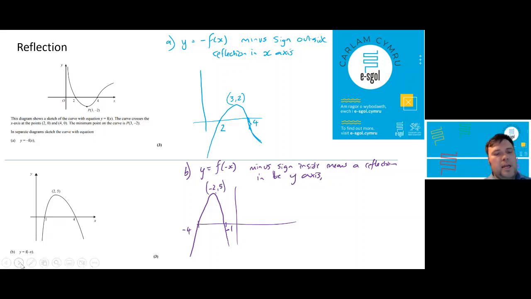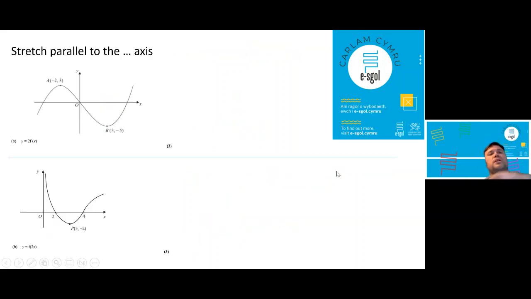And the last we have is stretch. Now parallel to the axis. So here we have y equals 2f of x.